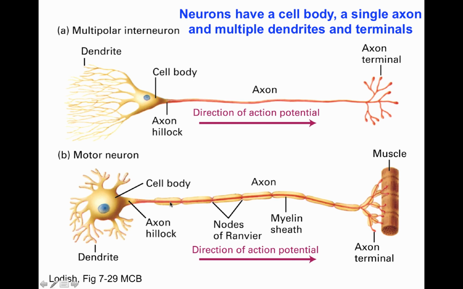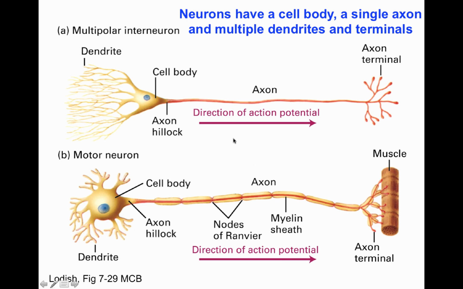Those are made by Schwann cells in the peripheral nervous system, or in the central nervous system by oligodendrocytes. Those myelin sheaths generate insulation for the axon, so it can help propagate the signal a lot faster. In between the myelin sheaths, you have small areas of the axon which are exposed, about a micron in length, and those are called the nodes of Ranvier.